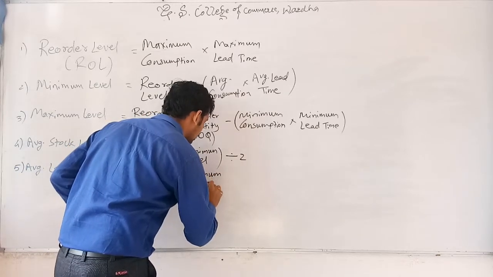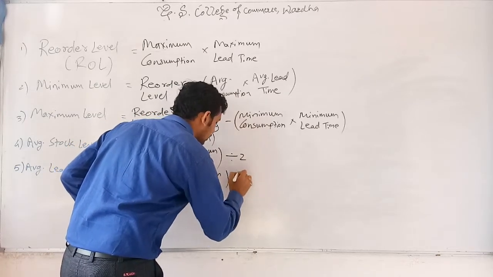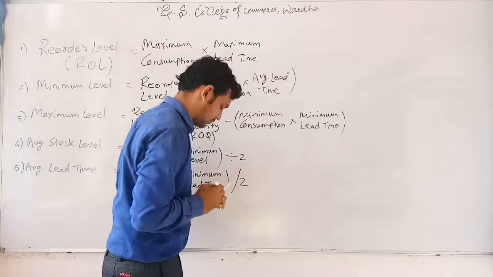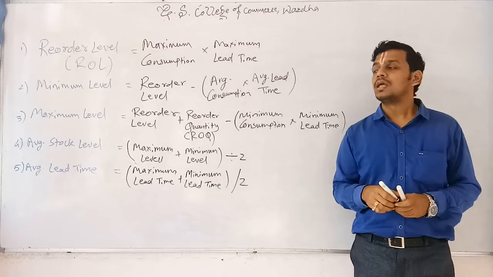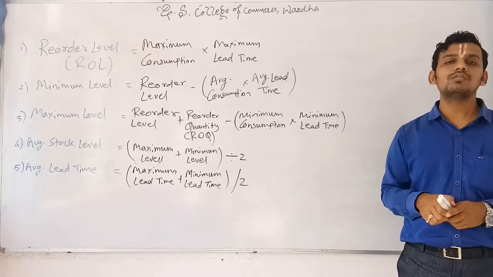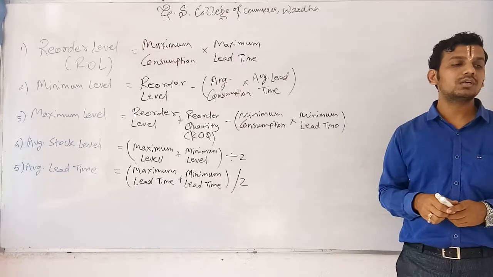This is the formula for calculation of average lead time. Next, formula number 6 would be for average consumption.